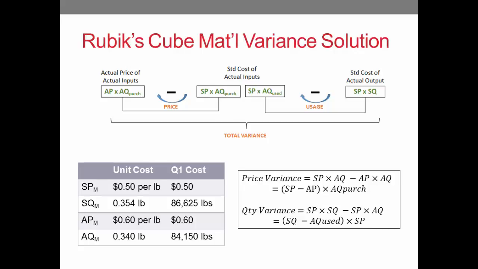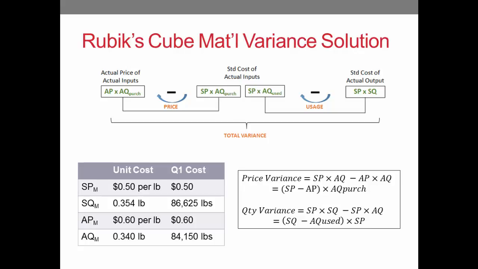So I'll explain this image to you. I told you you'd see it again. Essentially, we have two different U-shapes. The U-shape on the left is the price variance equation U-shape. The U-shape on the right is the usage variance equation U-shape. Those are the two different types of cost variance that we're looking at.